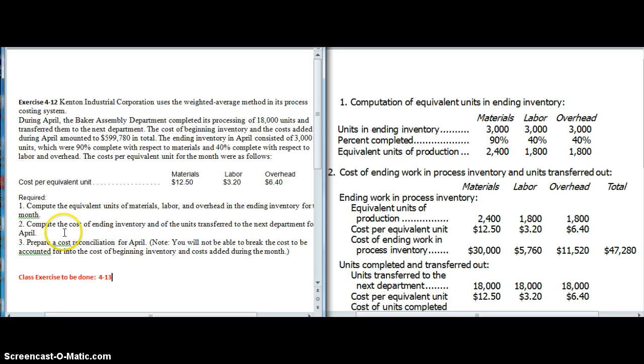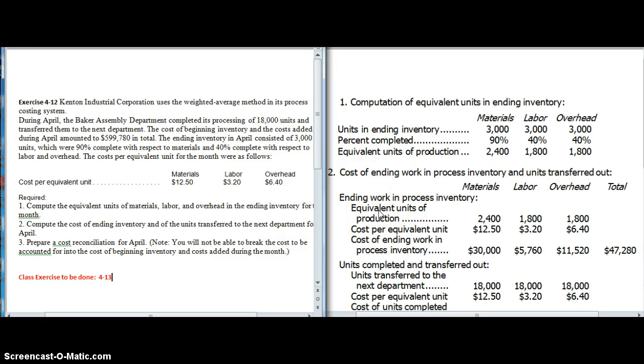The second question says compute the cost of ending inventory and the cost of the units which are transferred to the next department, which means you have to calculate two things. One is the cost of ending inventory and the other is the cost of the completed units which have been transferred. You will begin with computing the cost of the ending inventory.